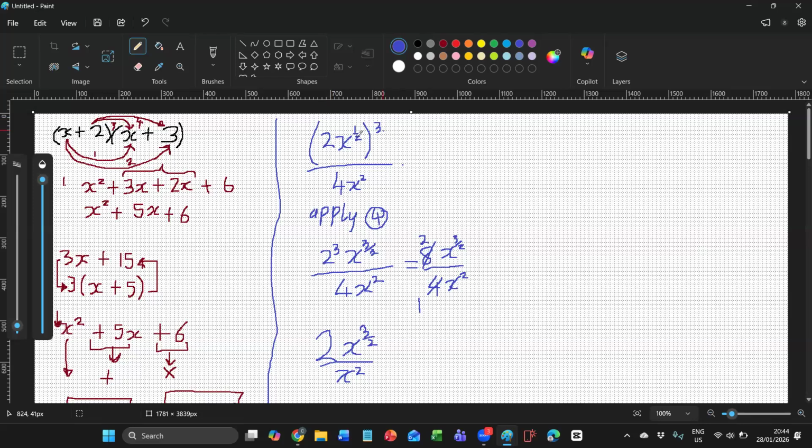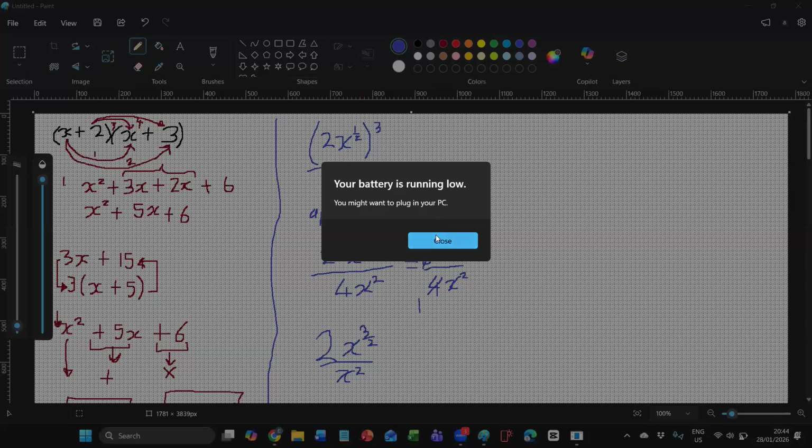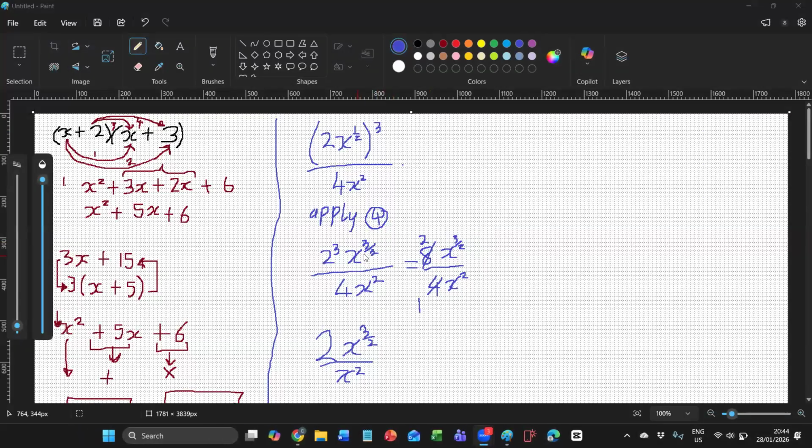That's why by the time 3 multiplies 1, you see the 2 became 2 raised to the power of 3. Battery is almost out, but I think we'll be able to finish this one. By the time we multiply 3 by half, 3 times the 1 on top is 3 over 2, isn't it? If you notice, I've not done anything to the denominator so far.